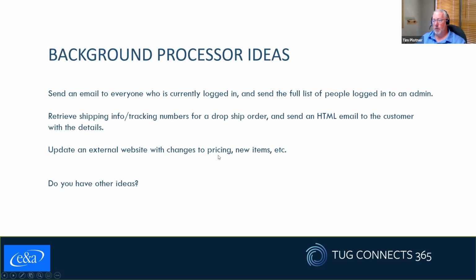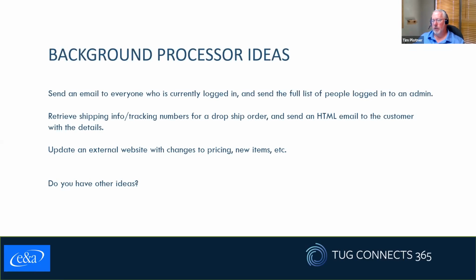Update an external website with changes to pricing and new items. So here's an example where instead of the website calling in and asking FACTS for updated pricing, you could have FACTS each night generate a push of the pricing values. Now that's if you're not using an integrated website already, but it's just an example of how you can do that.